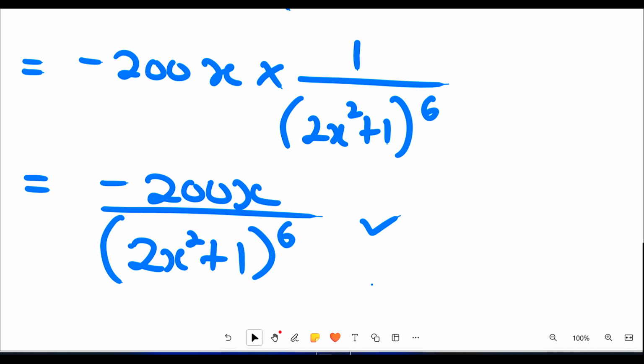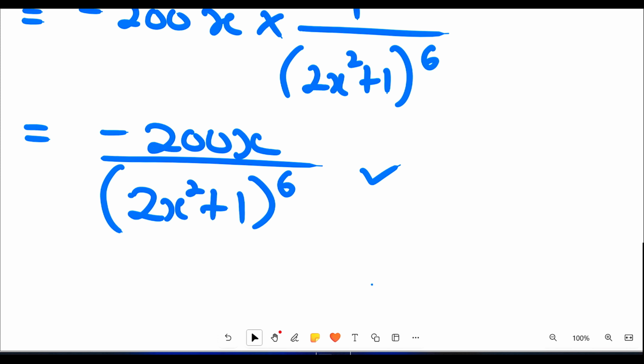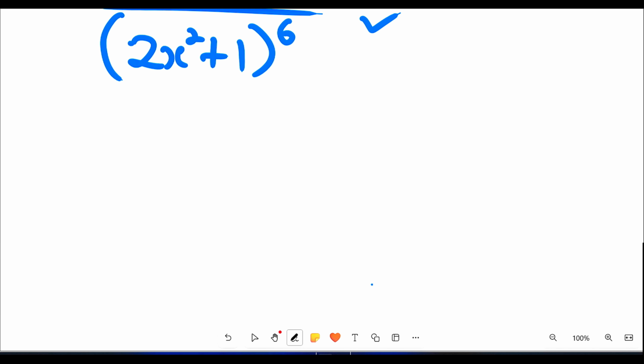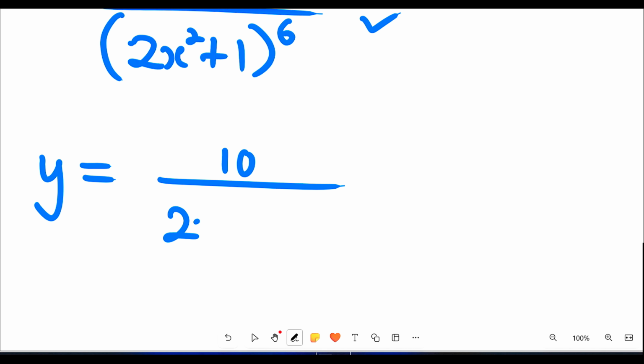All right. Now let us use the chain rule straightforward. We are not going to use the quotient rule and see whether we'll be getting the same answer. So the original function given was y is equal to 10 divided by (2x squared plus 1) having an exponent of 5.